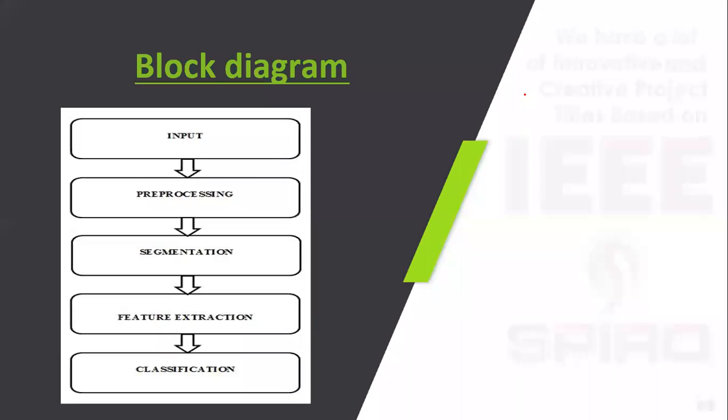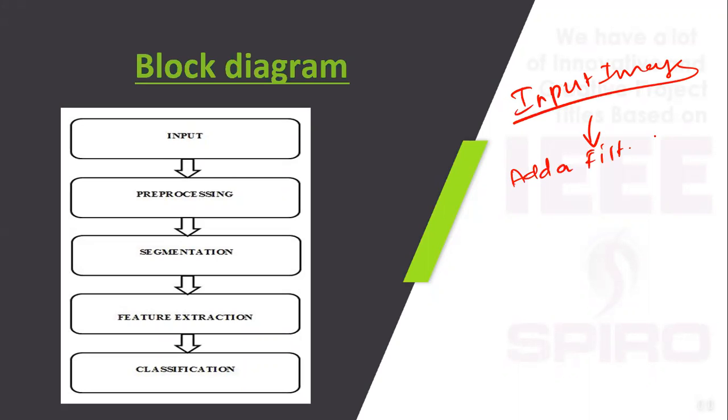So this is the block diagram. First you take an input image, which is a cloud image, and next you pre-process it, like adding filters or noise removal based on the project. Next you use segmentation.